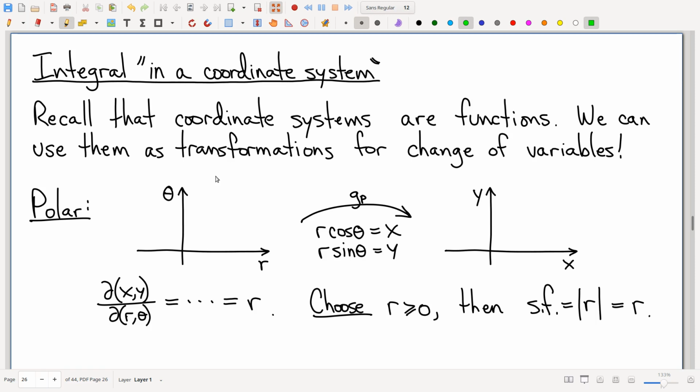These functions I'm about to show you are surprisingly often so convenient that we don't even always think of it as change of variables. We have a whole language for how to streamline the use of these particular functions as change of variables functions. They're all over the place, and that's coordinate system functions.